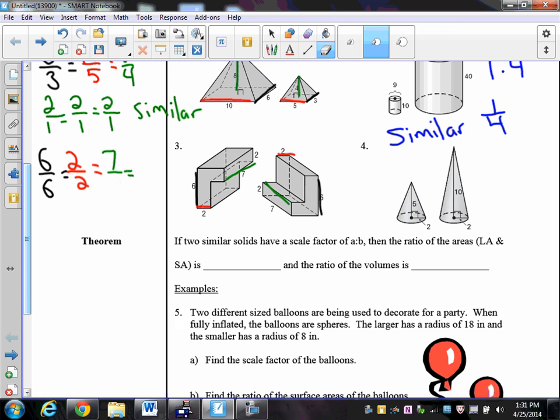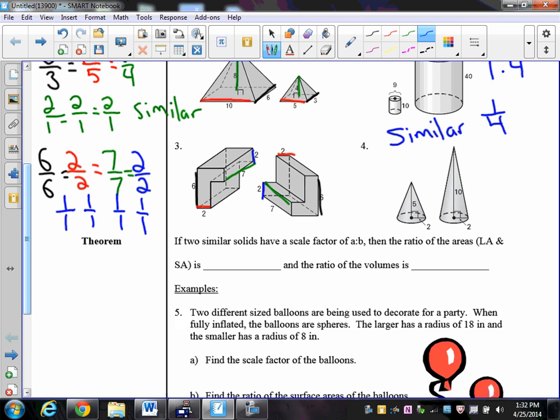And let's see, for some reason I wrote a 2, which is equal to 2 over 2. And since these are all equal, we have a ratio of 1 over 1 for each of them. That means they are congruent.